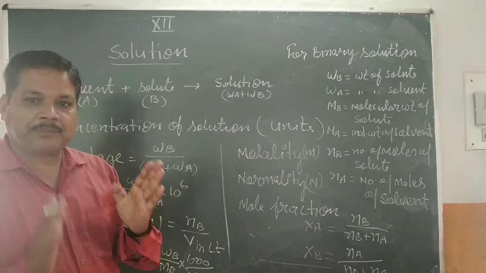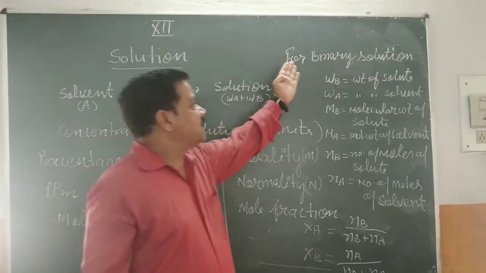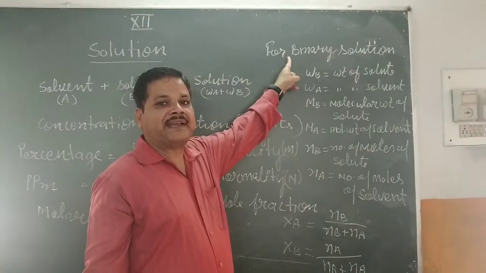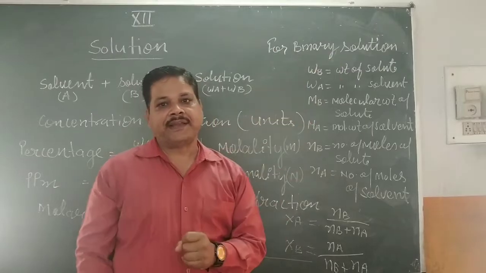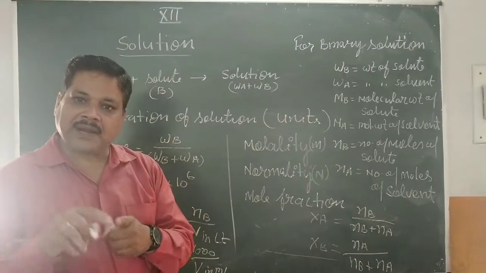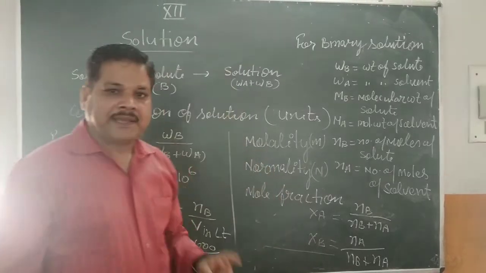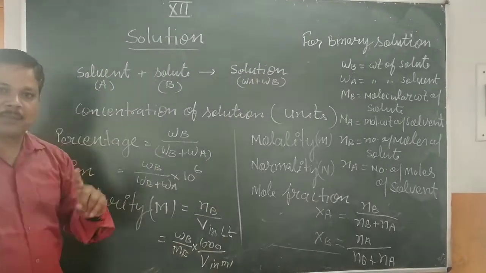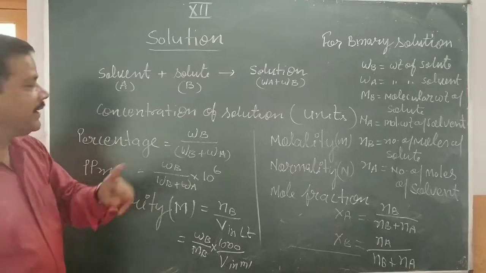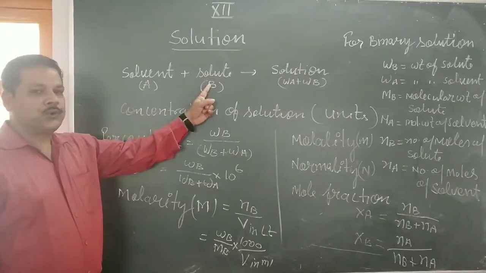If only two components are mixed, that solution is called a binary solution. Like when salt is mixed in water, a solution is prepared. Here salt is taken in a small amount, and that component is called solute.